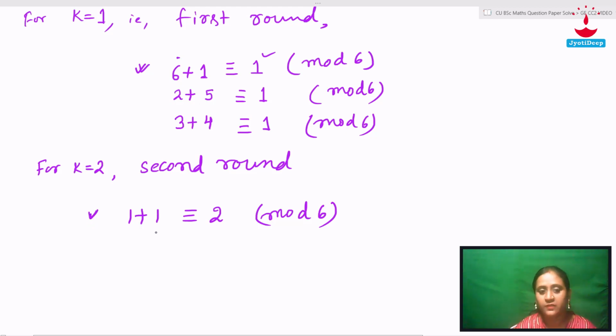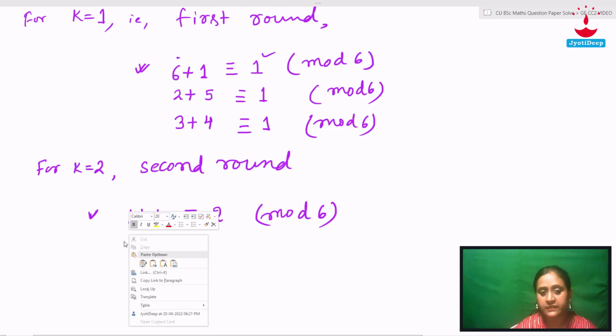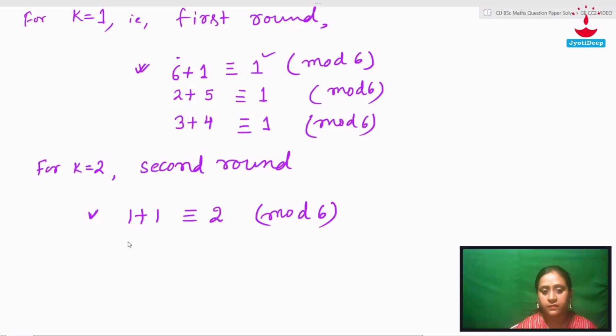Okay, now the first is gone. We can take 2 plus 6, that is 8. It will give remainder 2 under mod 6 for k is equal to 2.